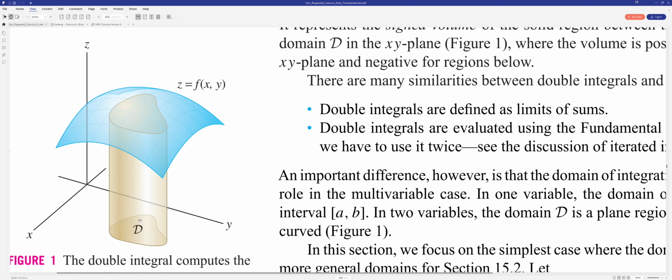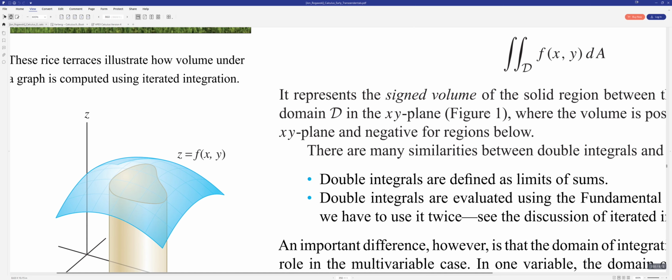What this gives you is a three-dimensional enclosed region, some sort of three-dimensional region which is enclosed by this curved surface wrapping around over here, and by a flat face down on the xy plane, and the top is coming from the graph of your function. So this is some enclosed volume, and the actual volume is equal to this double integral.